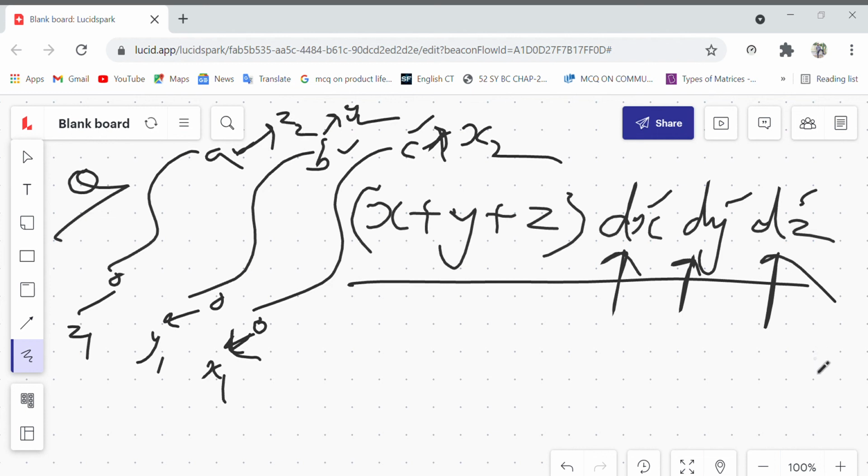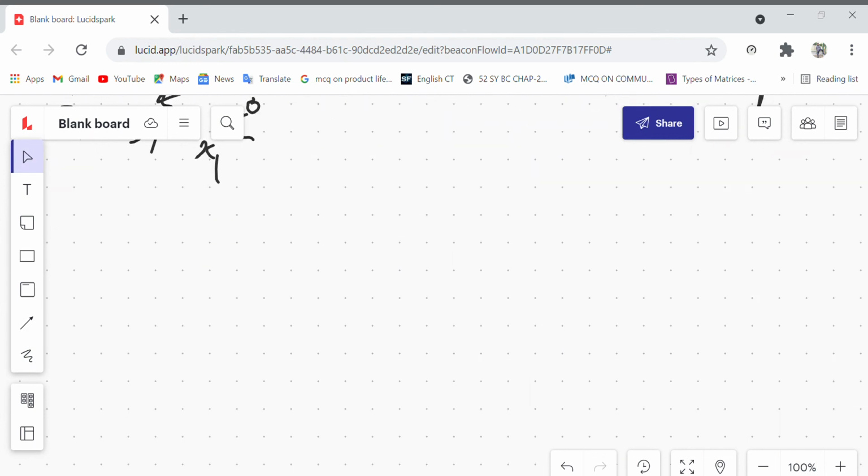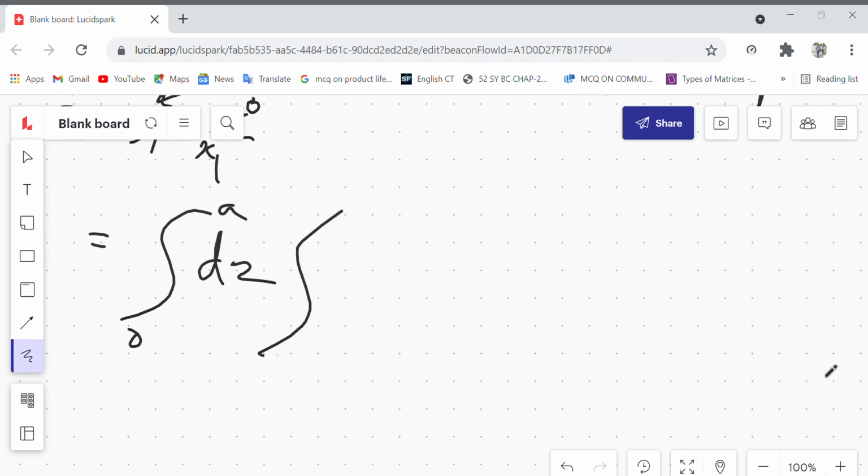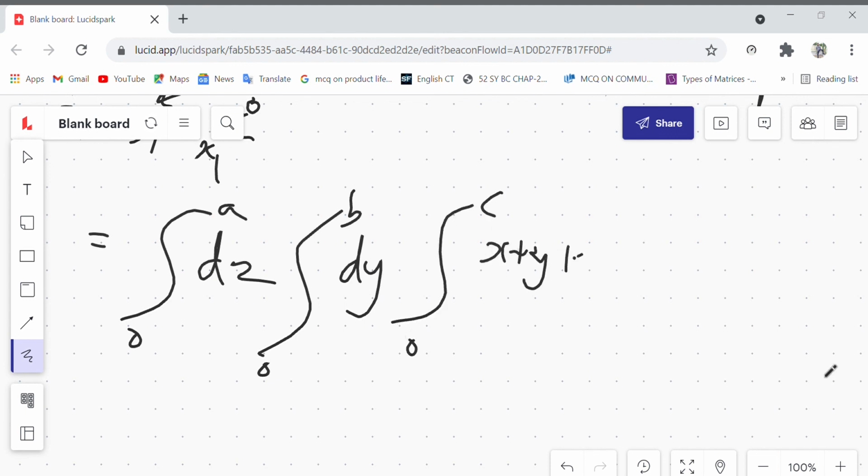Quickly we will move ahead with this question. So this is basically the question. Let me start solving it. It equals the integration of 0 to a dz, then the integration of 0 to b dy, then the integration of 0 to c of x plus y plus z, whole into dx. I will start integrating with this one.